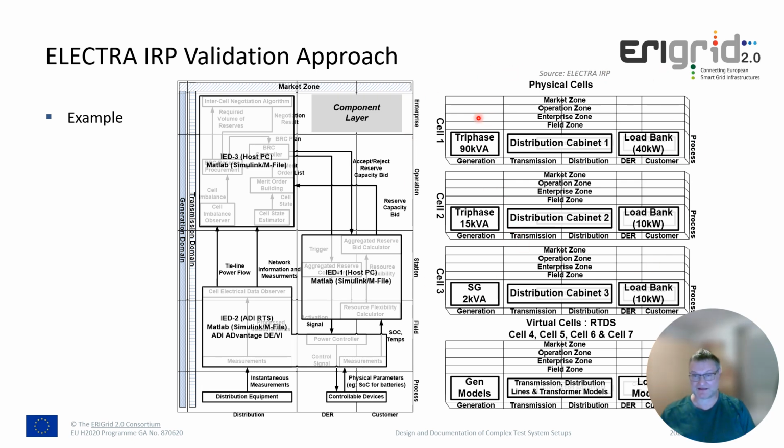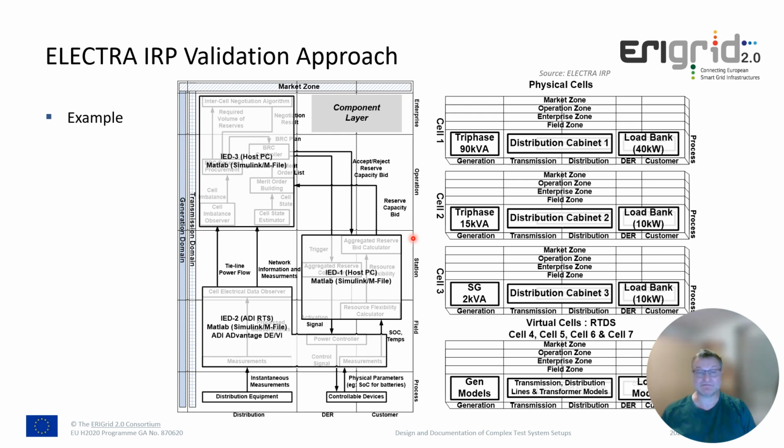So we have here the cells 1 to 3 realized as physical cells, whereas the cells 4 to 7 have been implemented in a real-time digital simulator, where also related generation models, transmission, distribution lines, transformer models and load models have been implemented that are working together with the physical cells.